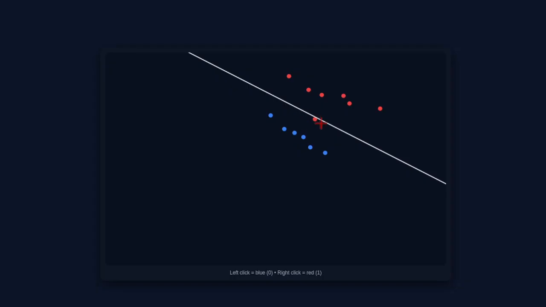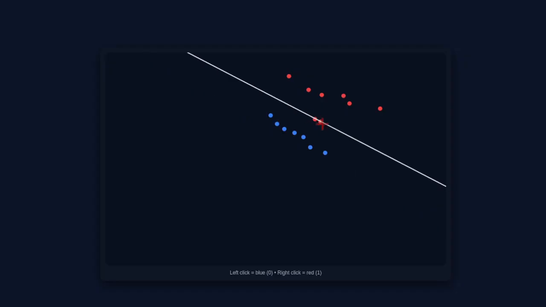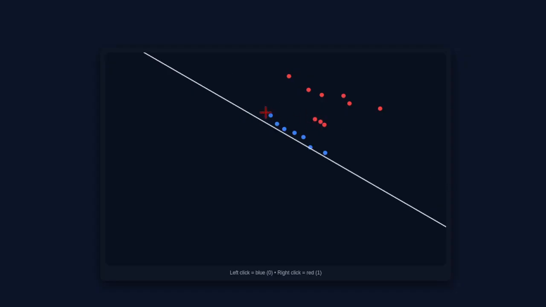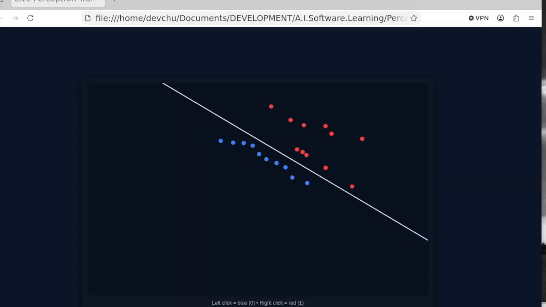And I'm going to do red in line with the red and blue. So notice that it is getting slightly better. I don't know if you could tell that. Okay, it is improving.